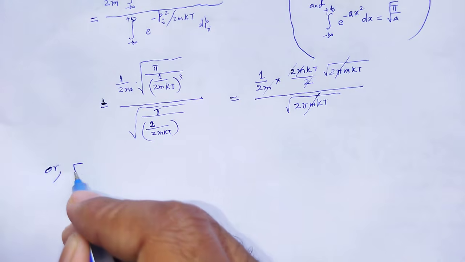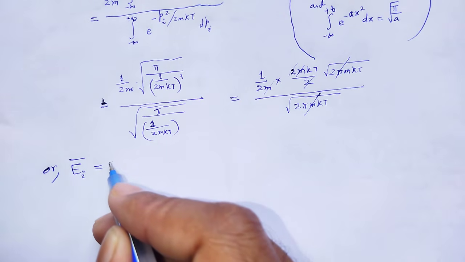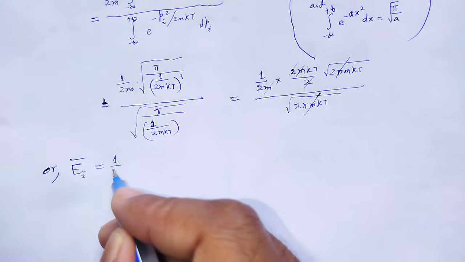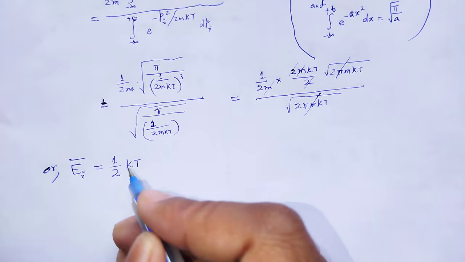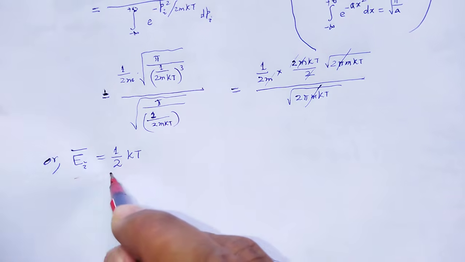Therefore the average energy EI is equal to 1 by 2 kt. That is proved.